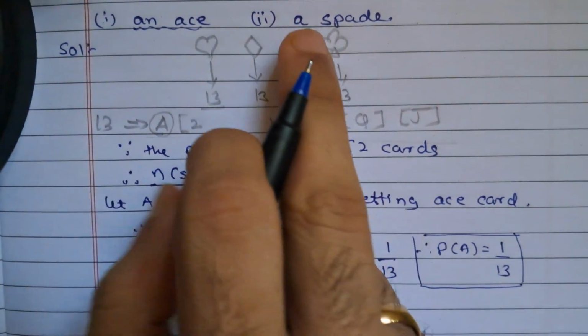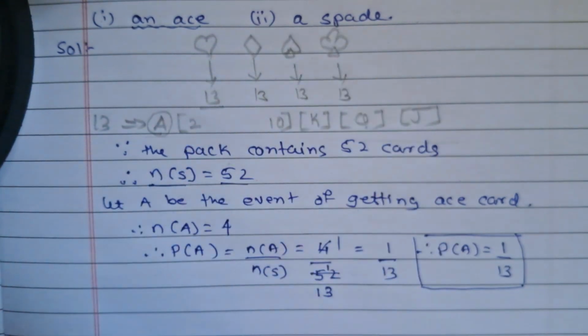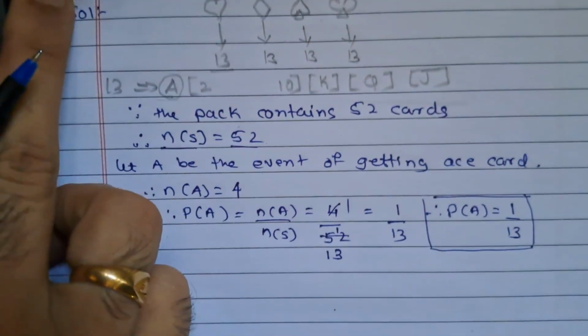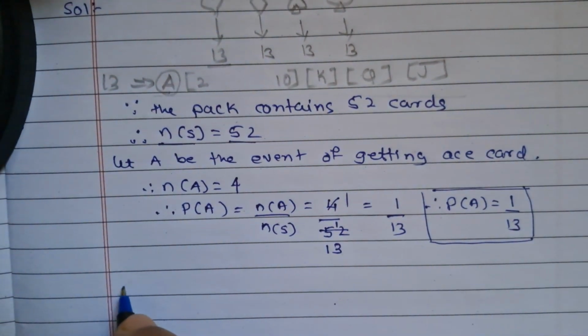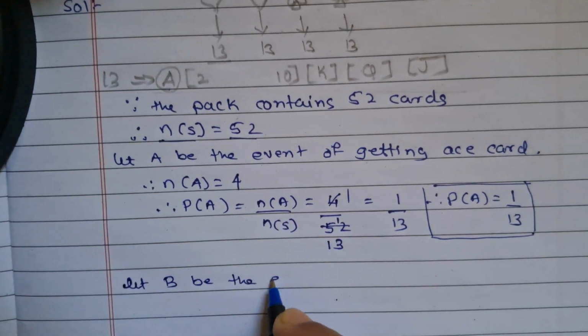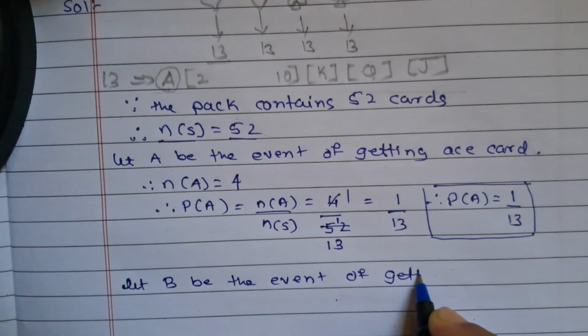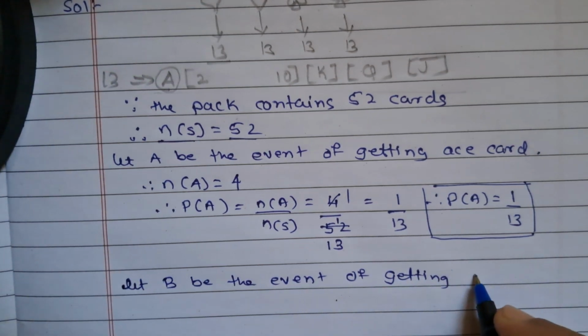Now let's see what the second event is that they have. They are looking for a spade card. So let me just name it as event B. So we'll say, let B be the event of getting a spade card.